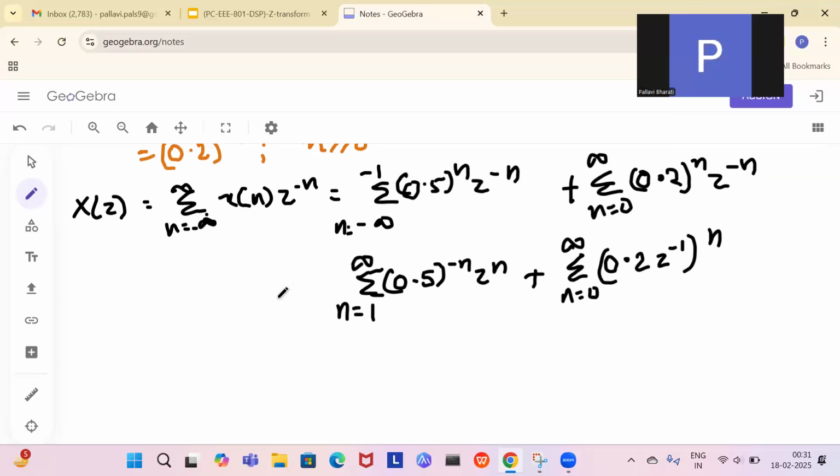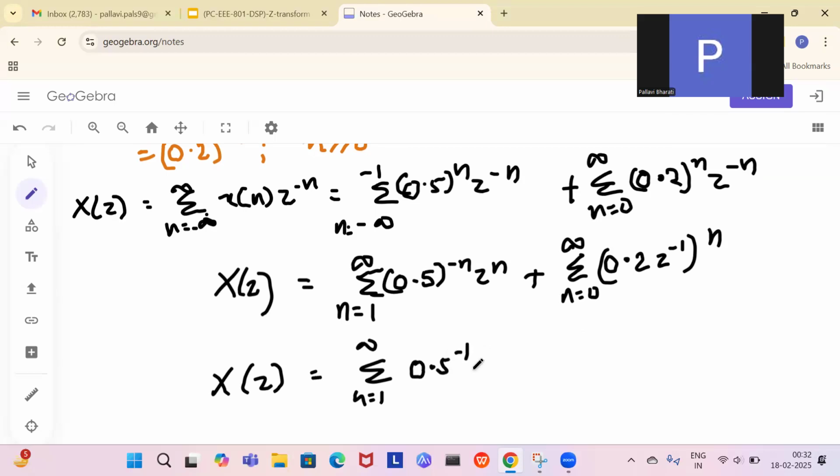Okay, let's now go ahead. This is what we are calculating. Now X(z), for this case you can write n equals 1 to infinity, 0.5 to the power minus 1 z to the power n. And this one will be what? The first term will be when you put the value of n equal to 0. So the first term will be 1, and the common ratio is going to be 0.2 z inverse.